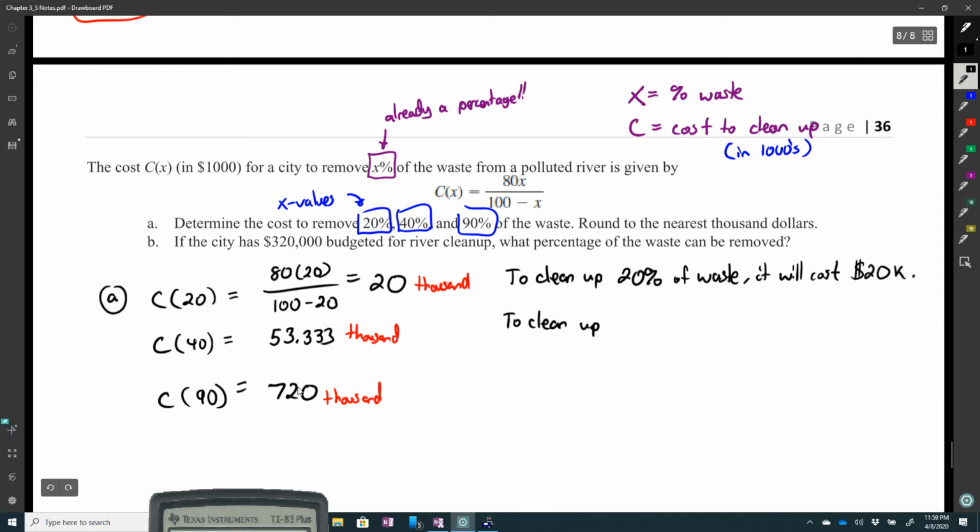To clean up 40% of the waste, it will cost, and they said round to the nearest thousand, so 53,000. Okay, and then finally, to clean up 90% of the waste, it will cost 720,000.